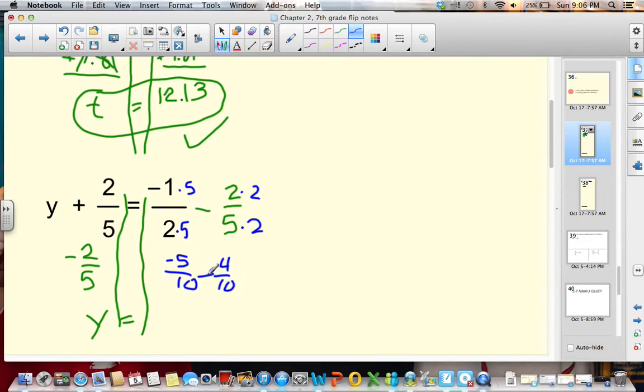Negative 5 minus 4, so negative 5 plus negative 4 equals, and I can just write it down here, negative 9/10. And that is my final answer. So negative 9/10 plus 2/5 equals negative 1/2.